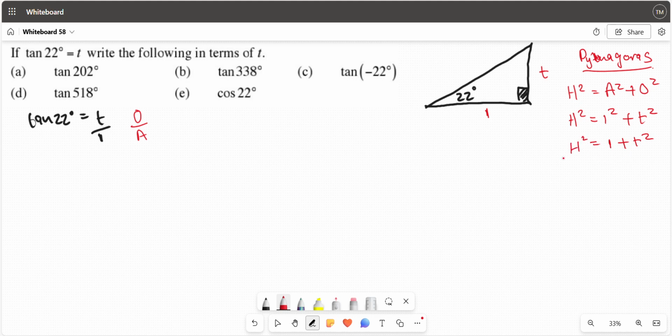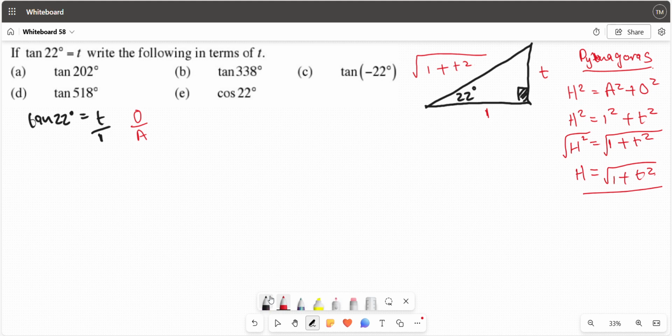That is hypotenuse squared. If I root both sides, my hypotenuse is equal to the square root of 1 plus t squared. So that needs to sit here. And guys, you cannot simplify that. You can't take that root and simplify it into 1 plus t. It just stays like that.